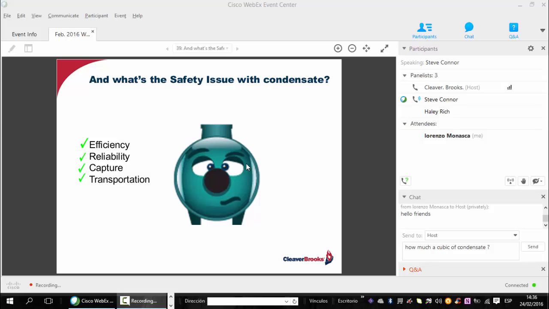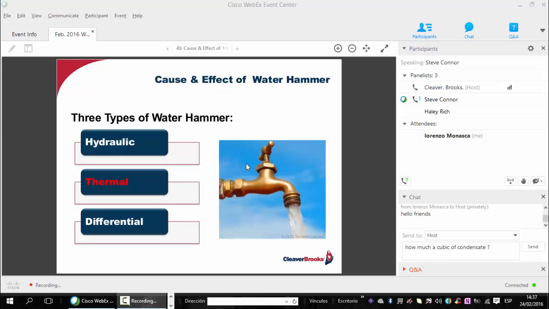And how does condensate impact safety, you may ask? Well, in a condensate return line, which, as noted, is often biphase in its nature, meaning we have a combination of steam and water in the line, we need to concern ourselves with water hammer.